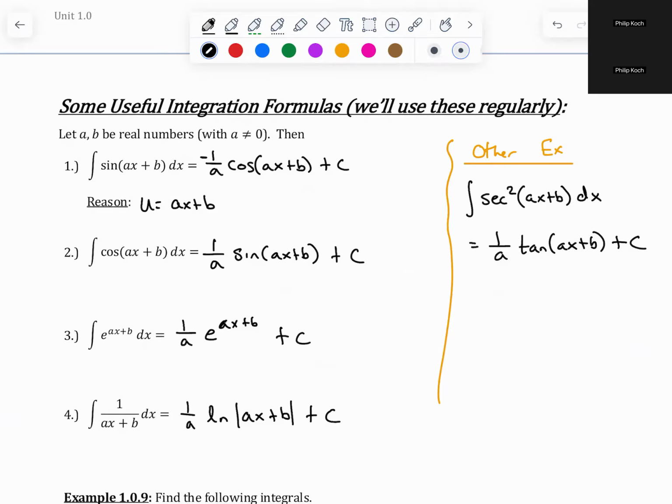Much like with anything in mathematics, the more you practice it, the faster you get at it. Just like when you were doing trig identities and knowing your trig values, as you did it more, you got faster at it. Same thing will happen here. But out of all of them, this is probably the most important, the most commonly used for this class.